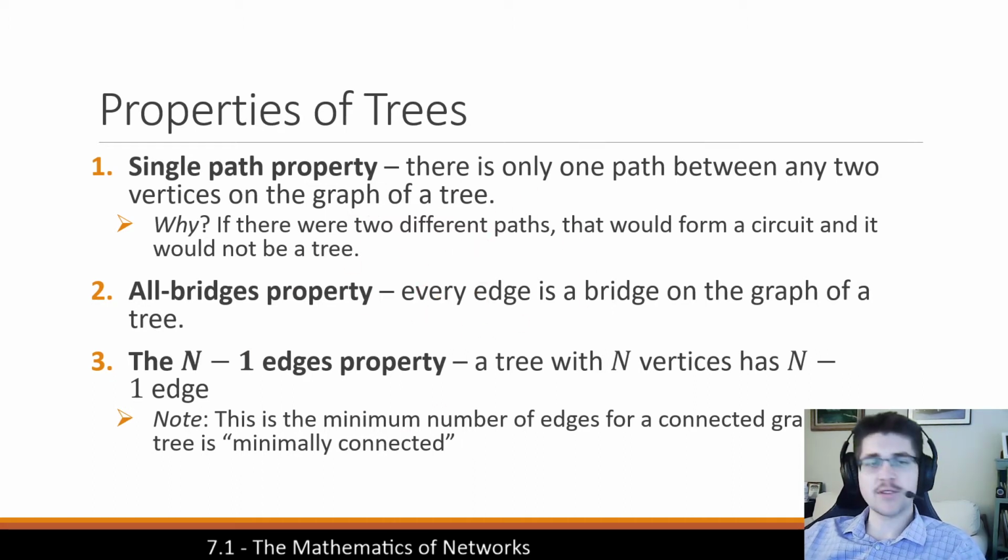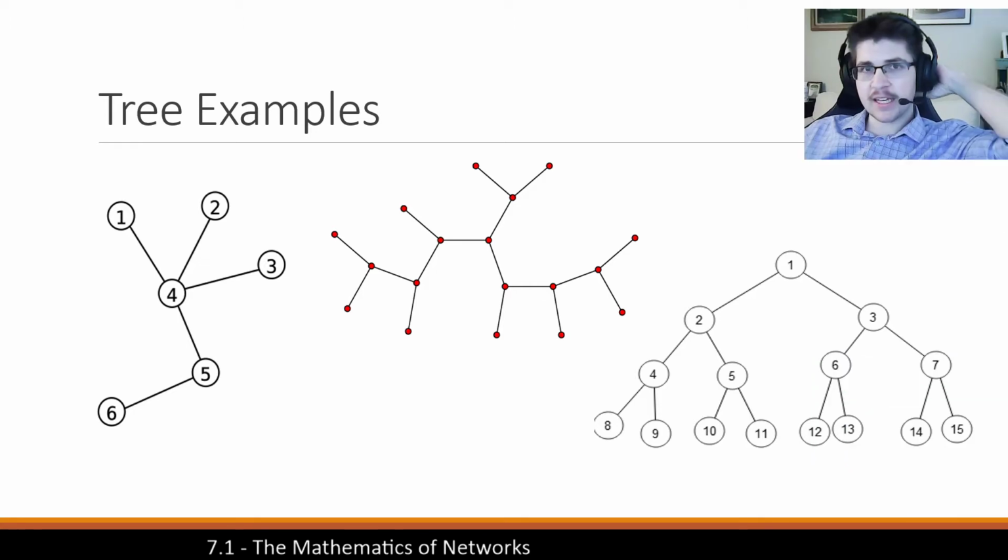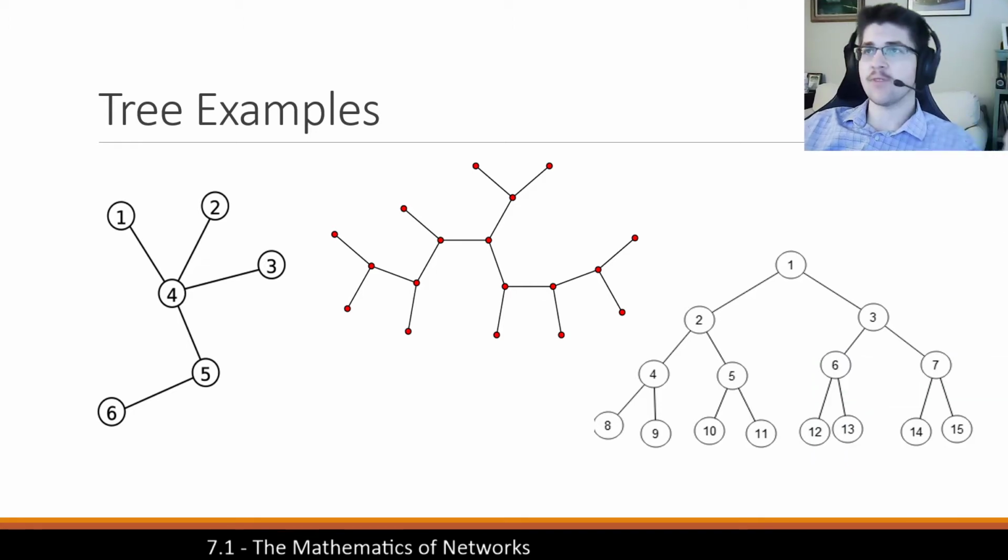So let's look at a few examples of trees and talk about how these properties apply and help us think about them. A tree diagram is a fairly standard form of diagram for a lot of different subjects and fields. They're very common in the real world because of what they represent, like for example, a family tree, which is a very specific type of network that has its own structure.